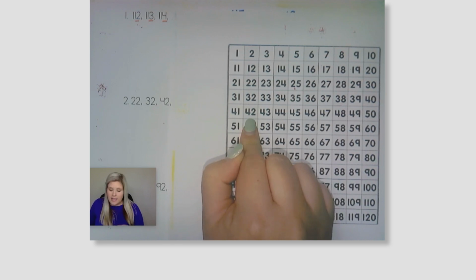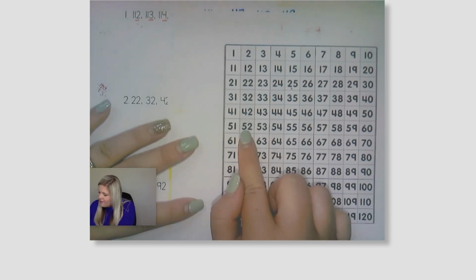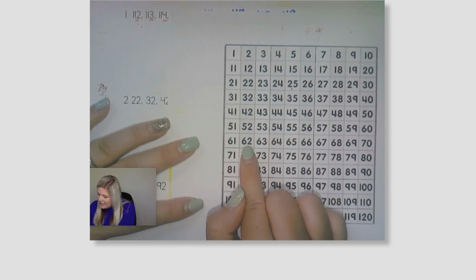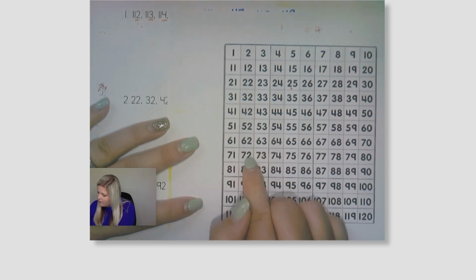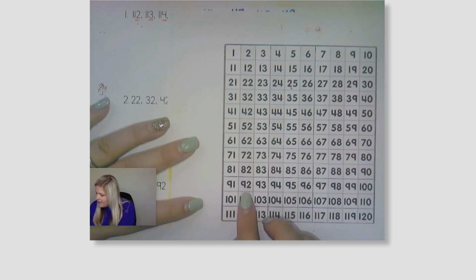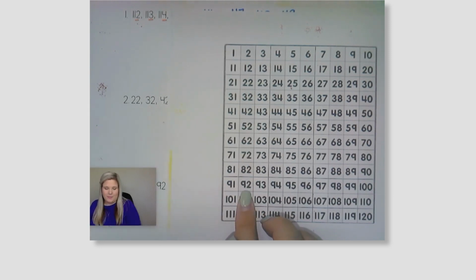That means that my tens digits are going up 1 or increasing by 1 each time. Can you help me by counting by tens to find the next 5 numbers? Let's do it. 52, 62, 72, 82, 92.